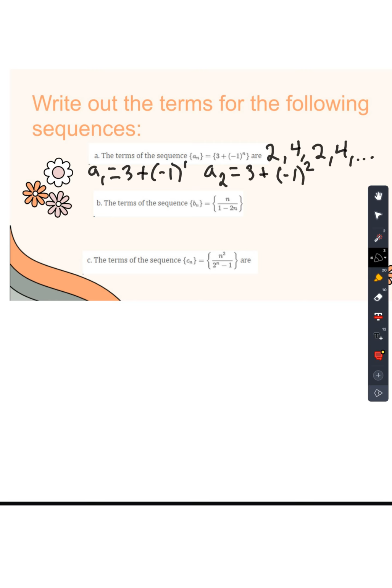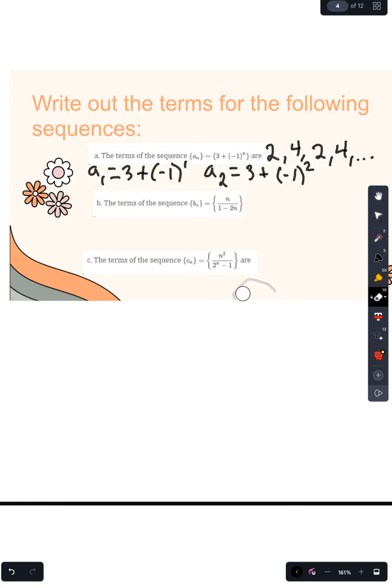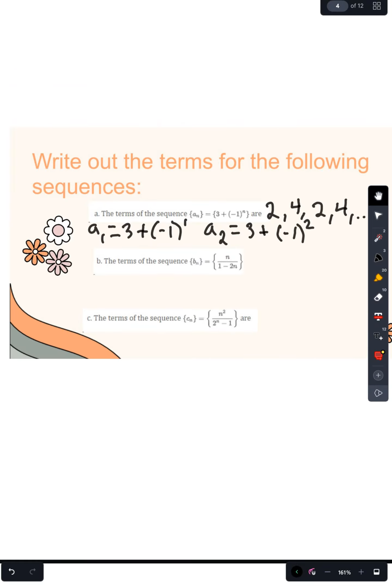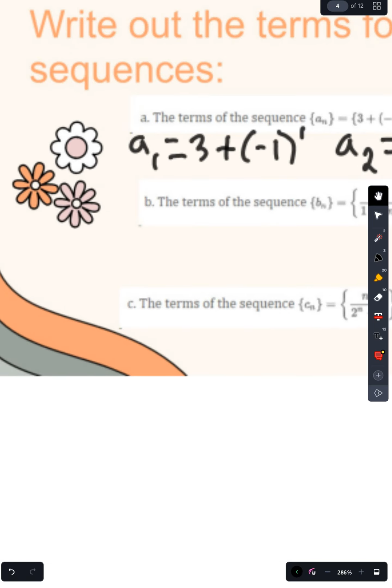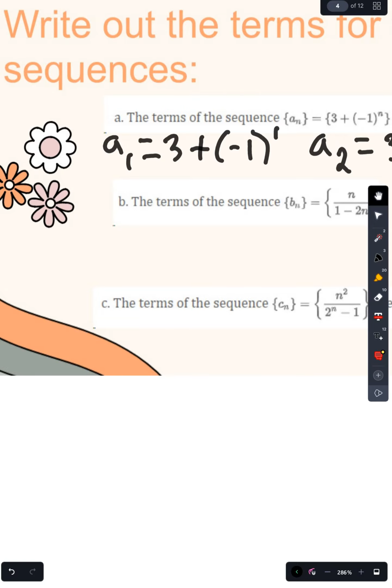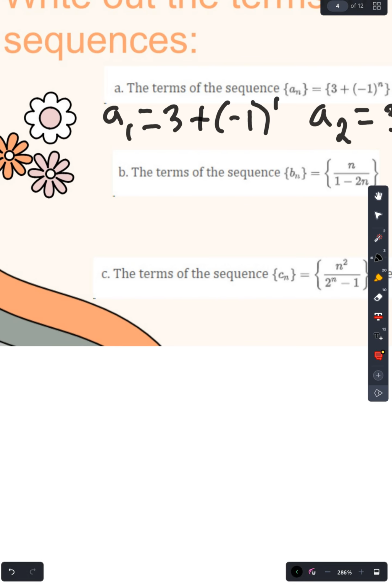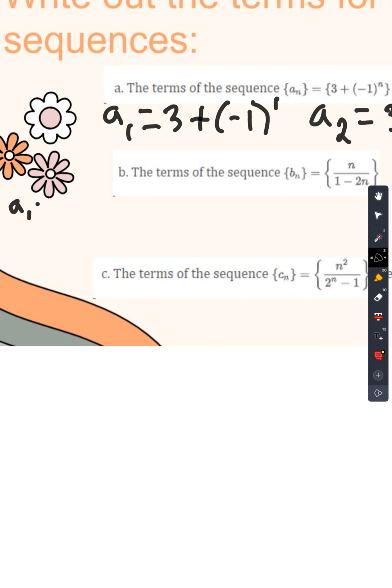So on this next one, again, I'm going to plug in my a sub 1. So if we plug in a sub 1 this time, notice that we have a 1 on top divided by 1 minus 2.